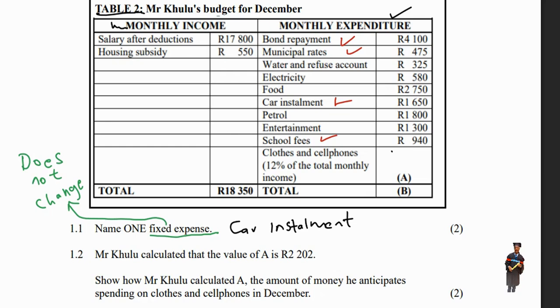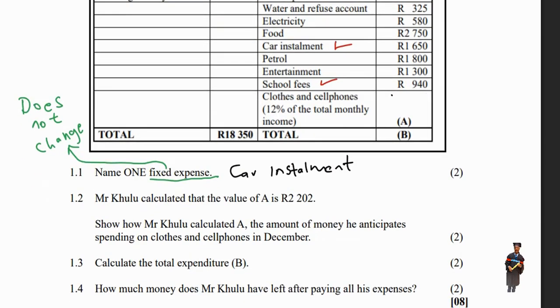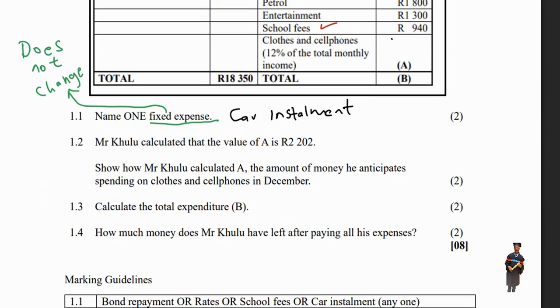Okay. Now you take your 2 marks, and then they say, 1.2. They are saying Mr. Kulu calculated that the value of A is 2,202 rand. Show how Mr. Kulu calculated A, the amount of money he anticipates spending on clothes and cell phone in December.